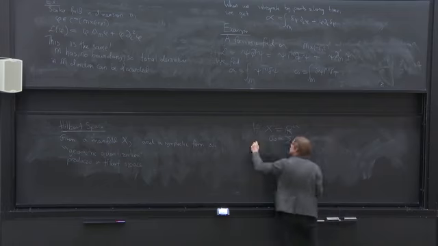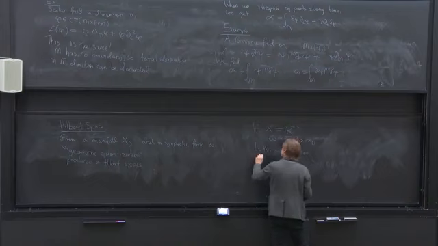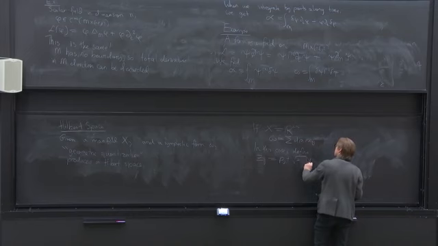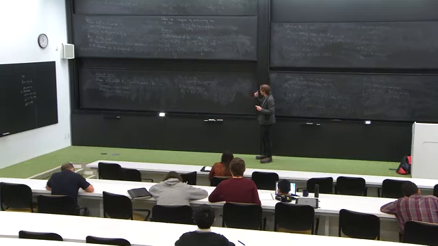In this case, we define Z_j to be P_j plus square root of minus 1 Q_j.